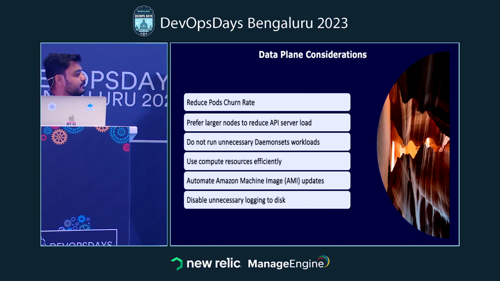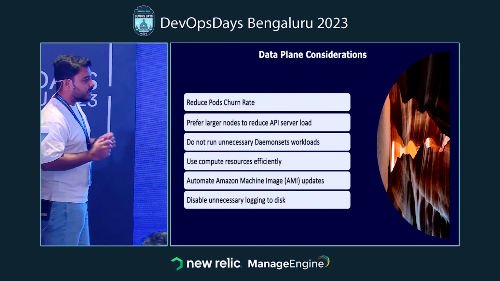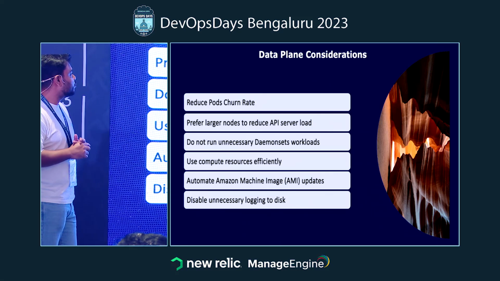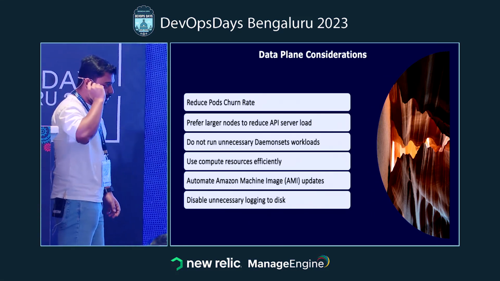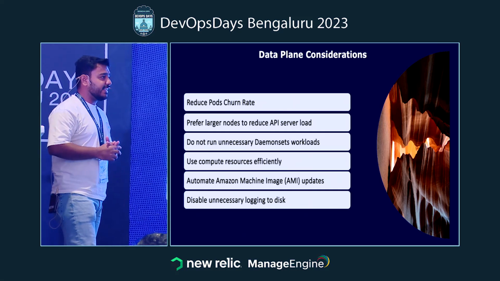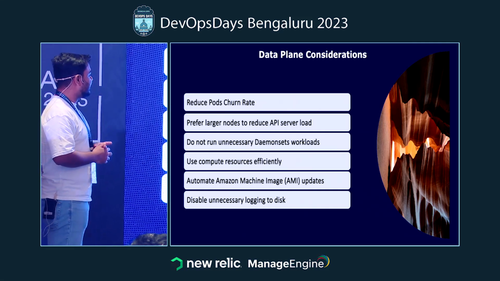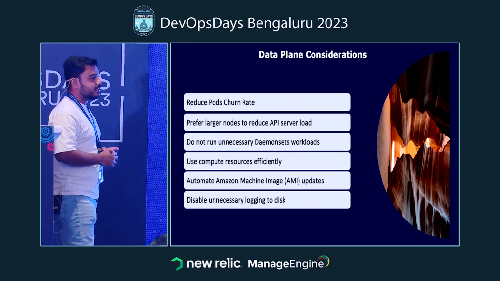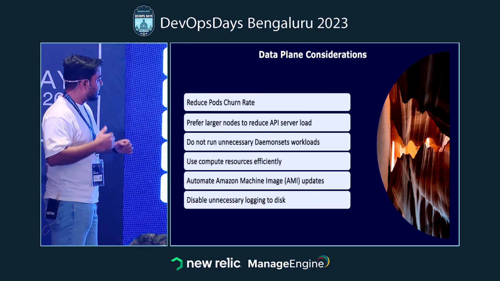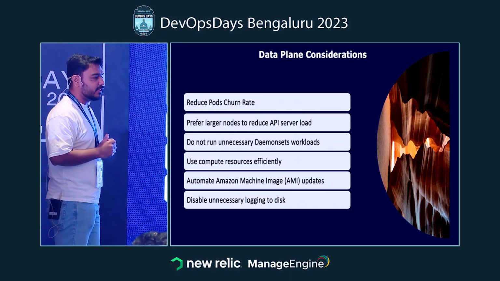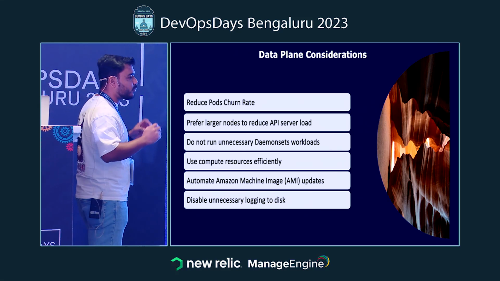Another thing is, like we already told you, we were running 3,000 nodes. Another factor contributing to 3,000 nodes was the smaller size of nodes. There were certain nodes with 2 CPU or very small configurations, which contributed to a larger number of nodes in the cluster. So we increased the size of the nodes, and eventually this decreased the overall number of nodes in the cluster.